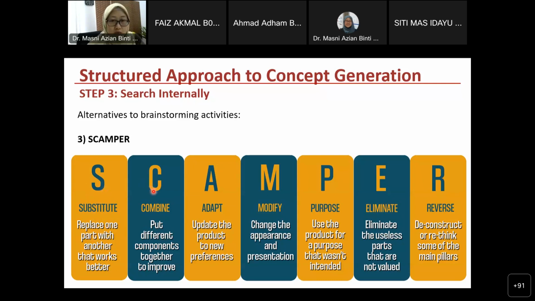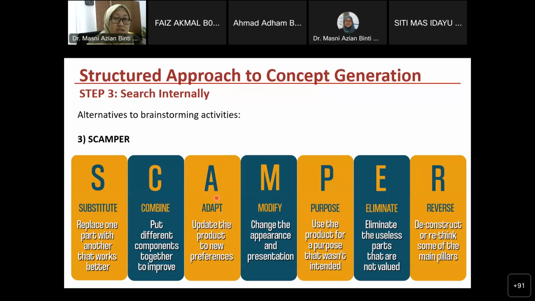Okay, the next one, the C, is combine. So what if in the new concept, you combine different components together so that you have an improved product, an improved component. So that's the C in Scamper. The third one is adapt. Adapt means update, assimilate, adapt the product to a new preference.